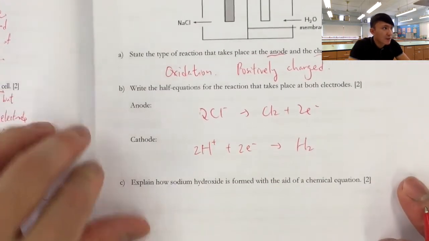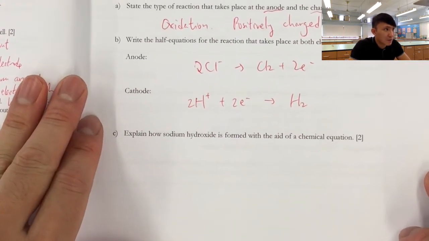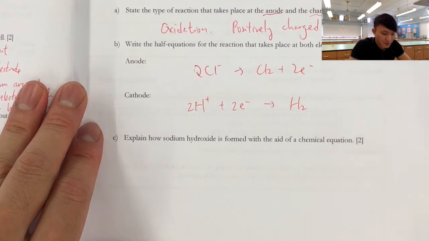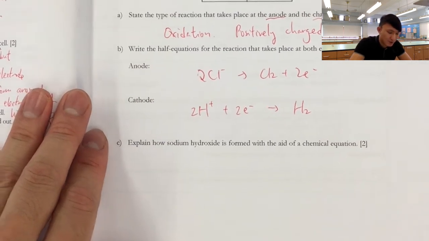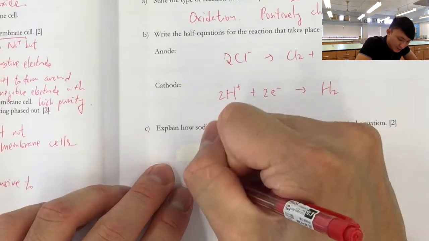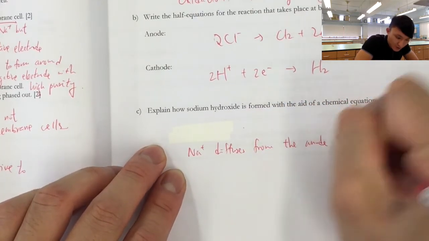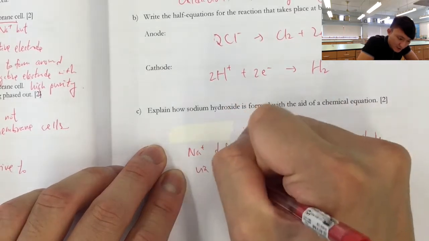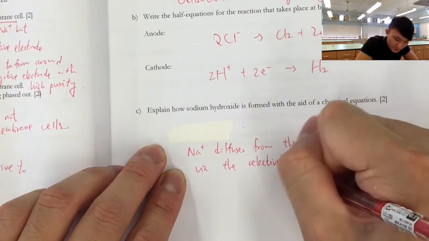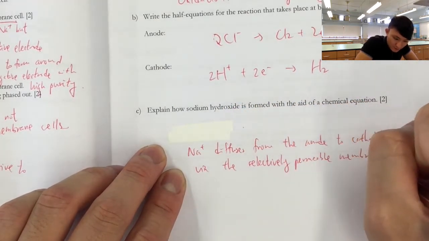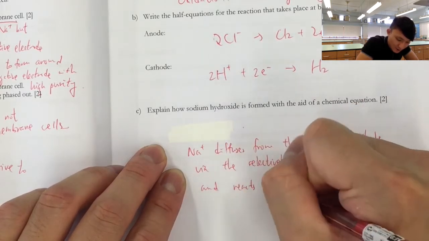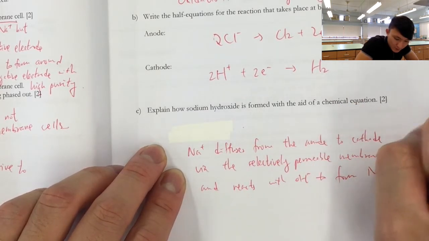Explain how sodium hydroxide is formed with the aid of chemical equation. So we will say that sodium ion diffuses from the anode to cathode via the selectively permeable membrane and reacts with hydroxide ion to form sodium hydroxide.